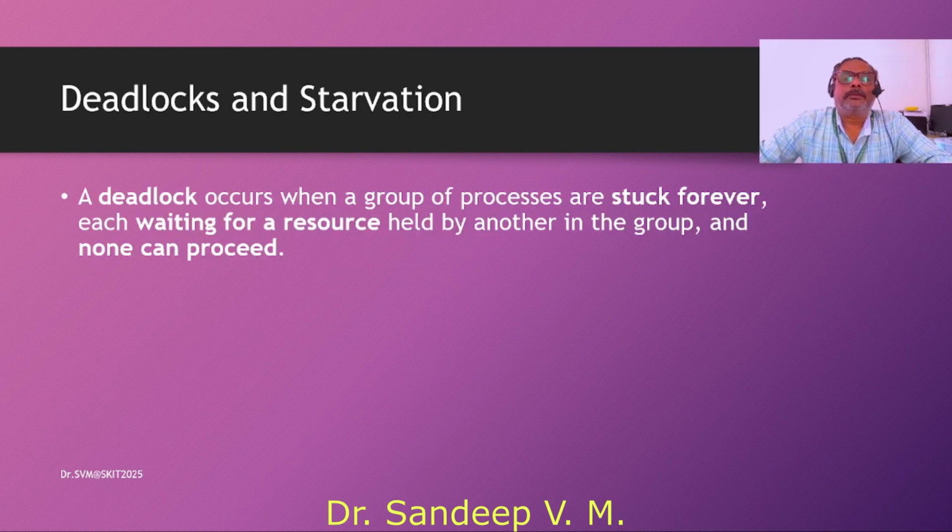So deadlock occurs when a group of processes are stuck forever, each waiting for a resource held by another in the group, and none can proceed. So we have some shared resources and we have some processes.